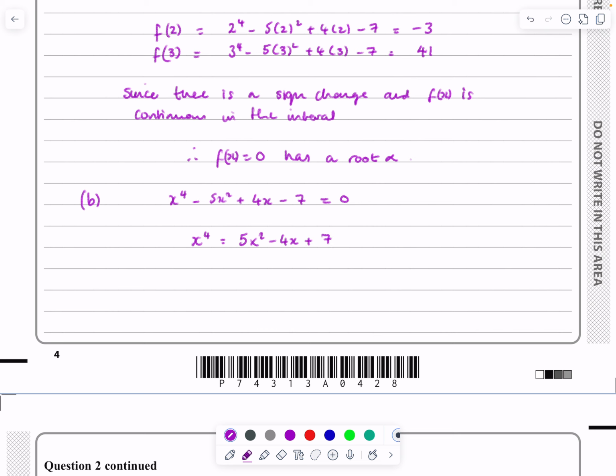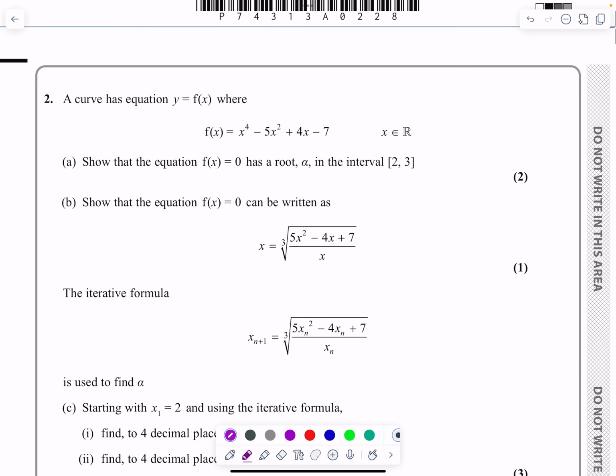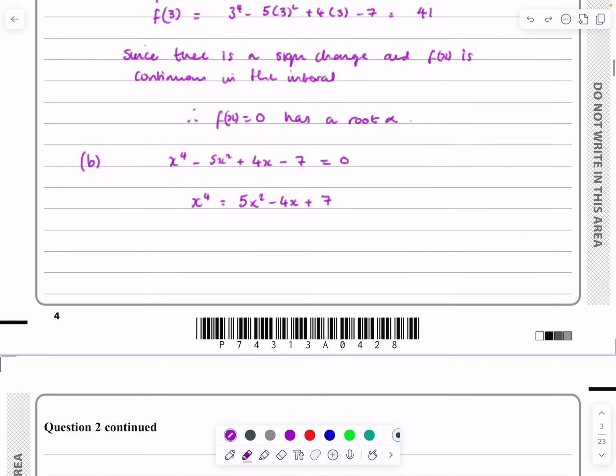Yeah, so we've done that. And now how do I get x equals? Well, you could square root and square root again. You could divide everything by x cubed, but go back and look and see what we've got here, and I can see that I've got a cube root in there and I've got a divided by x in there. So those two things are why I'm going to do my next step.